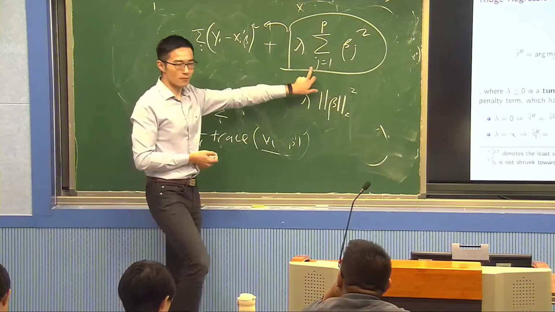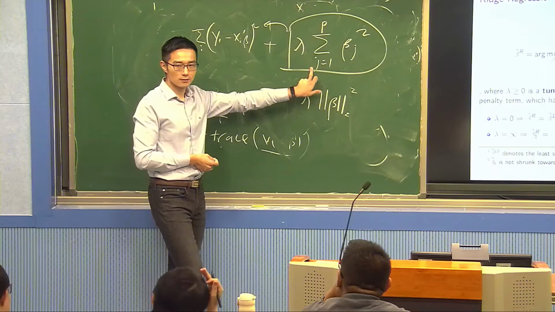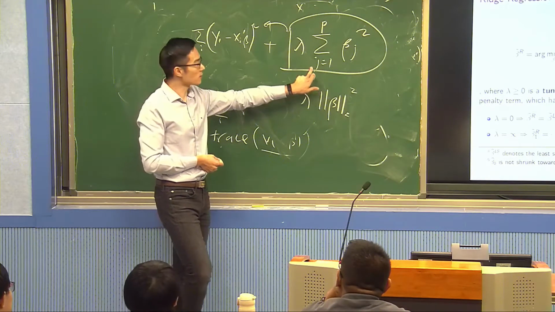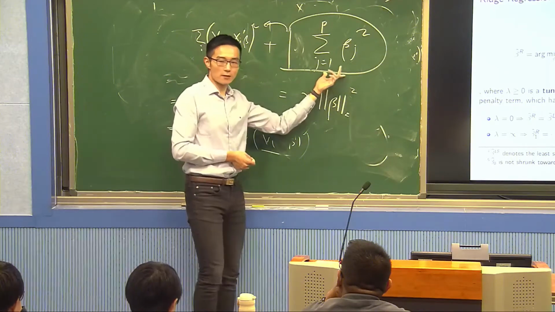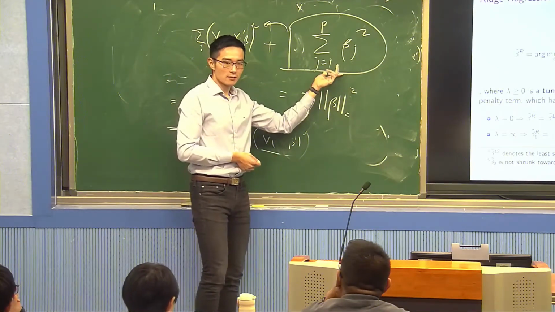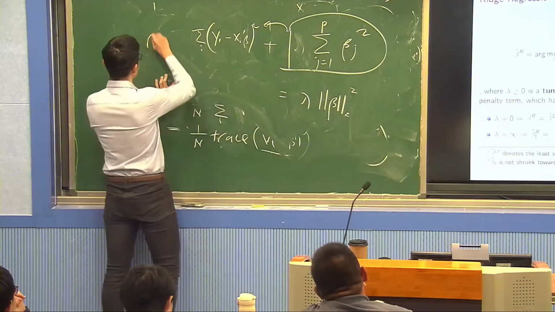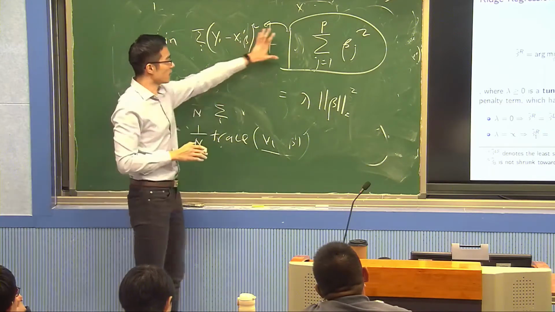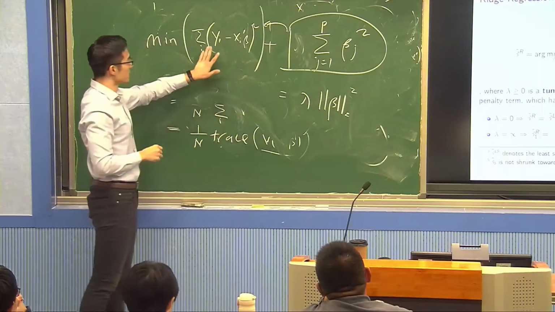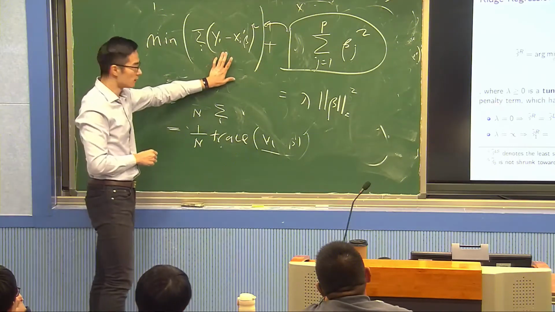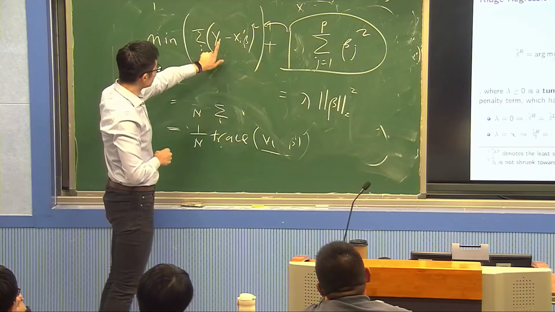What does this part mean? Forget about lambda. What does this part actually mean? Remember, what we're doing is minimizing. Previously, without this part, we're minimizing the RSS, the L2 on the training data, so we're minimizing this distance.